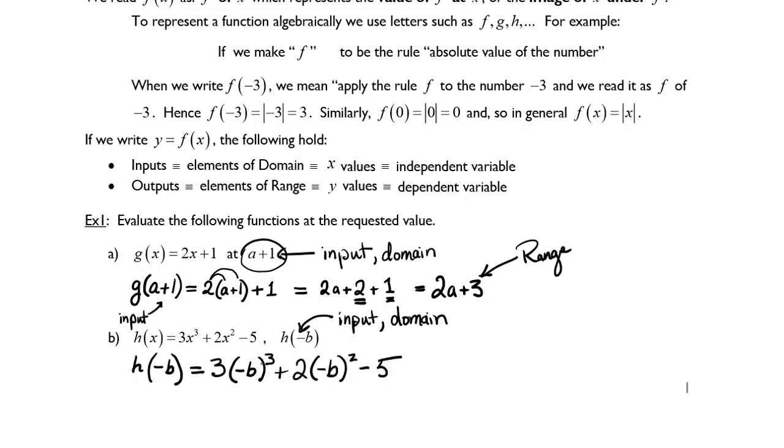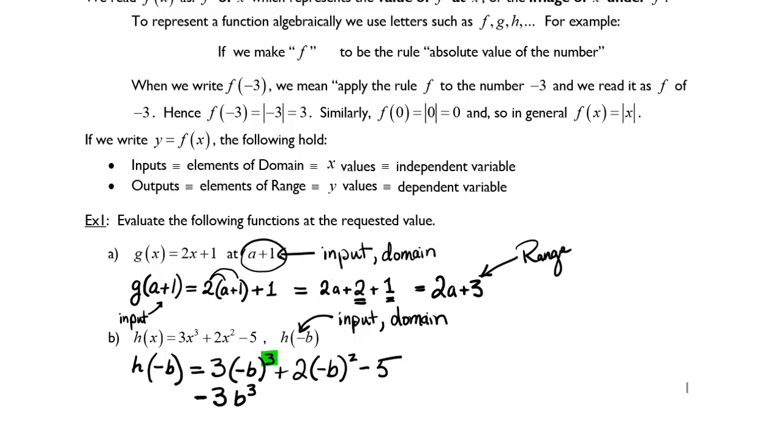When I multiply negative b times negative b times negative b, because remember, an exponent of 3 says multiply the base to itself 3 times, we will get 3 times negative b cubed. I'll put that negative out front, b cubed.